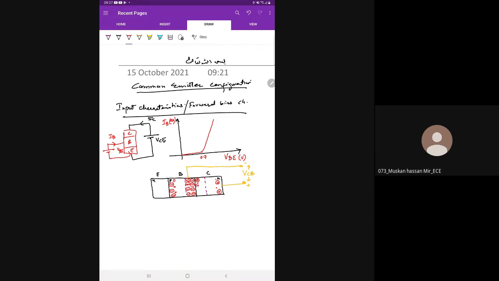I have already told you in the previous class that this width is known as the width of base. This is WB, the actual width of the base. And suppose the width of the depletion region is W.